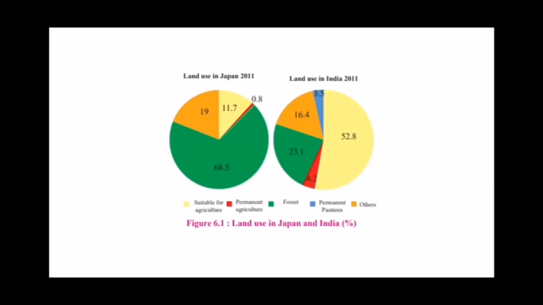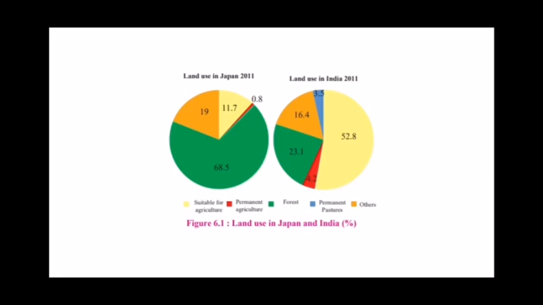So in Japan we have forest areas in a large number, and in India we have agricultural land use in a large number. In India the percentage of land under forest is very low. The green color is only 23.1, whereas in Japan it is 68.5.